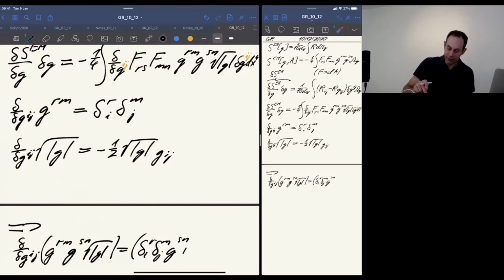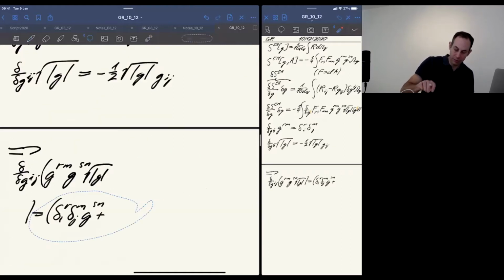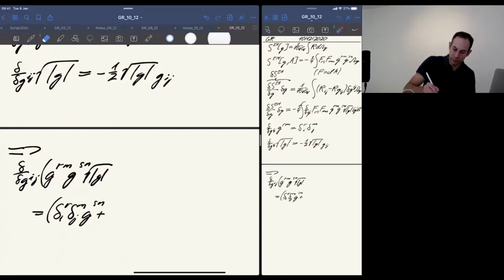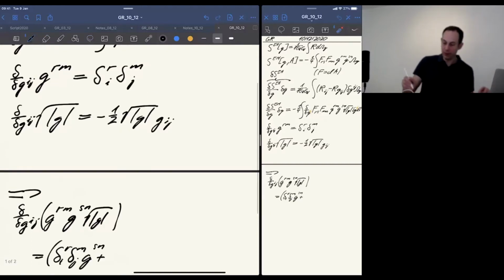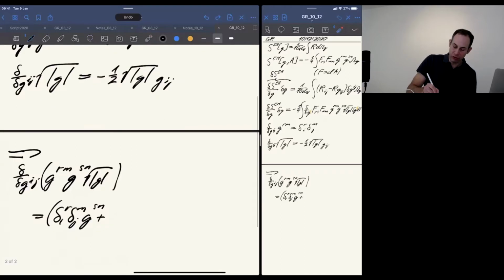Then from the second part, I think I will need more space here, so let me put this down. Okay, so the second part, you see it's still here on the right-hand side. I can just take it from here. So the second part just keeps the g_rm, then has a delta function. The corresponding delta function here is, of course, analogously just delta s i and delta n j.